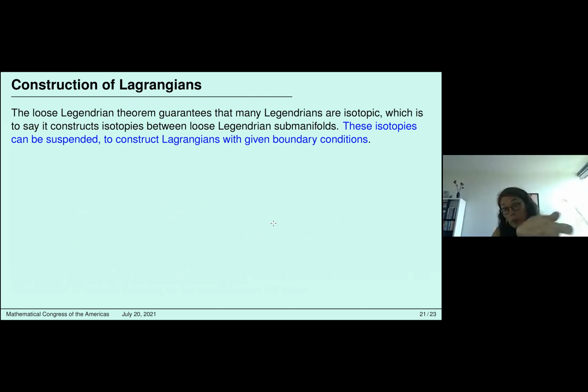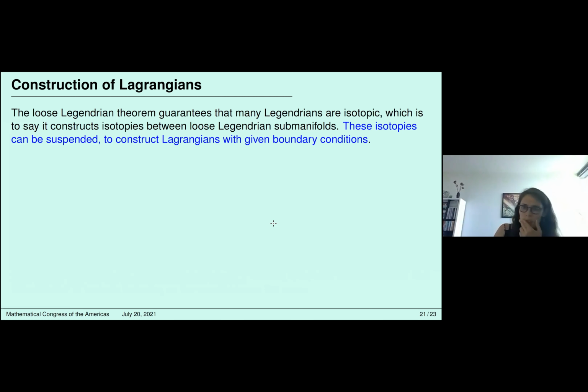So the other thing that I talked a lot about at the very beginning was constructions of Lagrangians, right? This fact that if you have any 3 manifold, connect sums of S2 cross S1, these sorts of things. So why is this related? I mentioned with these loose Legendrians that if you have 2 different Legendrians, then it's unique up to isotopy as long as they're loose. That is to say that it constructs an isotopy.